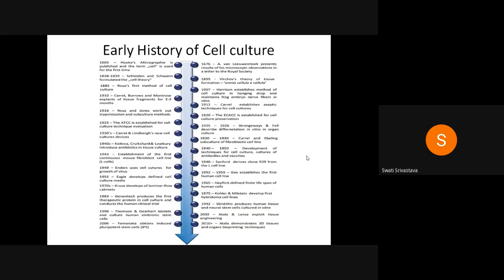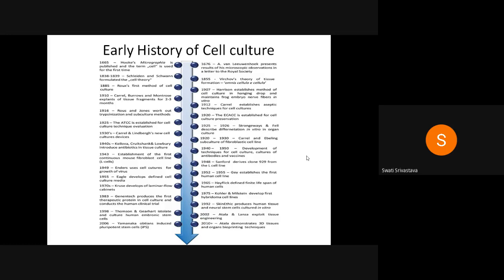Now, when we come to the early history of cell culture, first time it was developed by Roux. The very first method in 1885 was developed by Roux. And then you have explant tissue fragments in 1910.